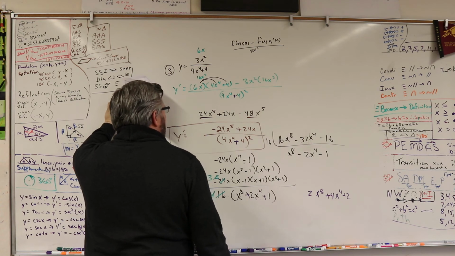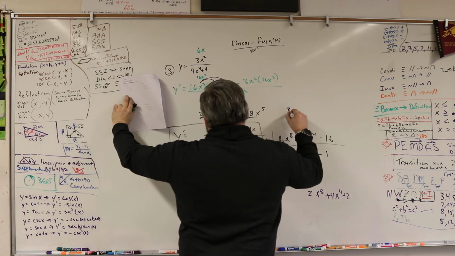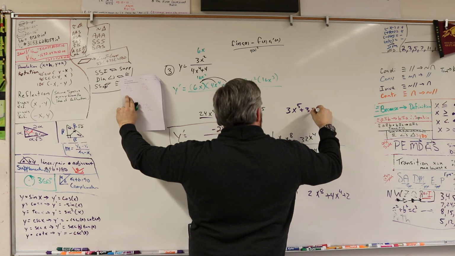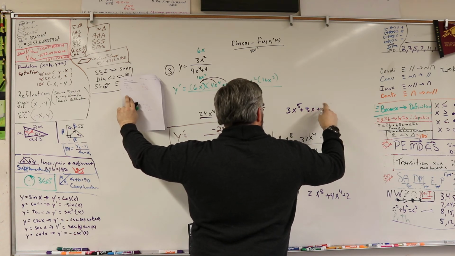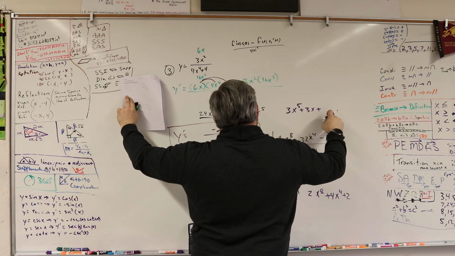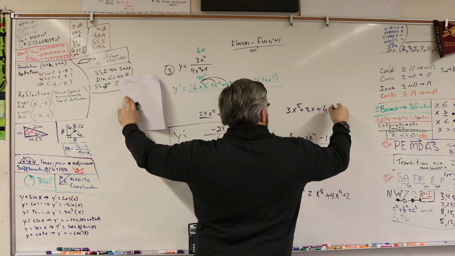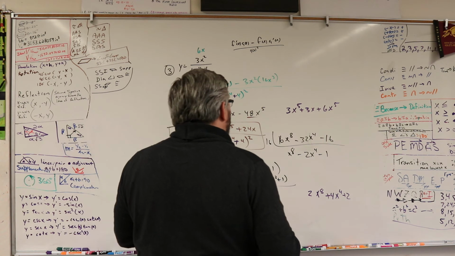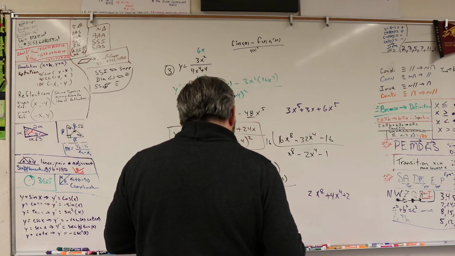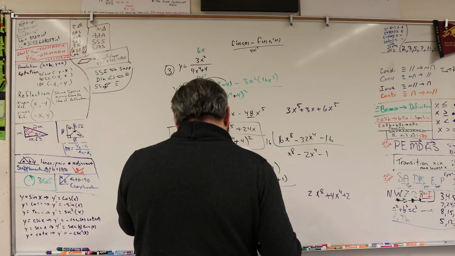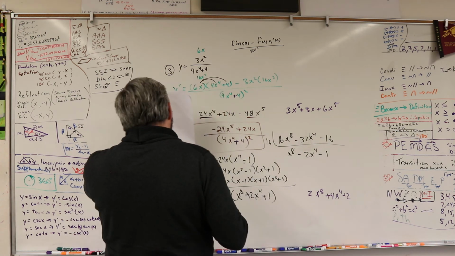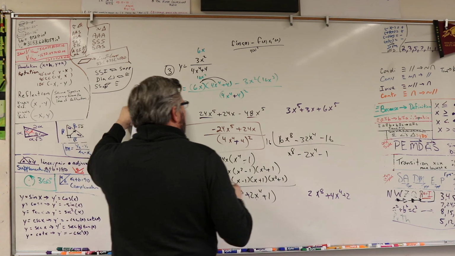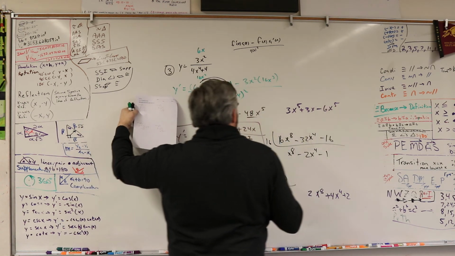so we pulled out an 8. All right. So pull out an 8 and I get a 3x to the 5th plus 3x plus 6x to the 5th minus 6x to the 5th.